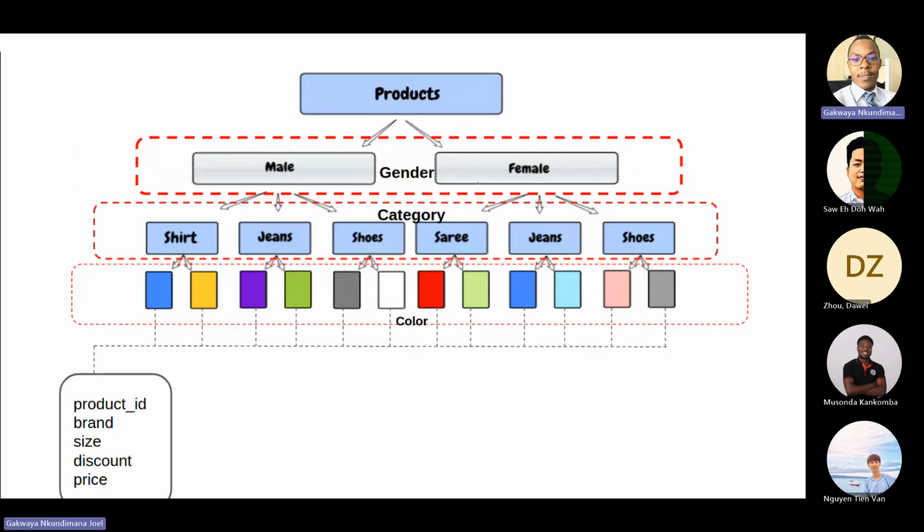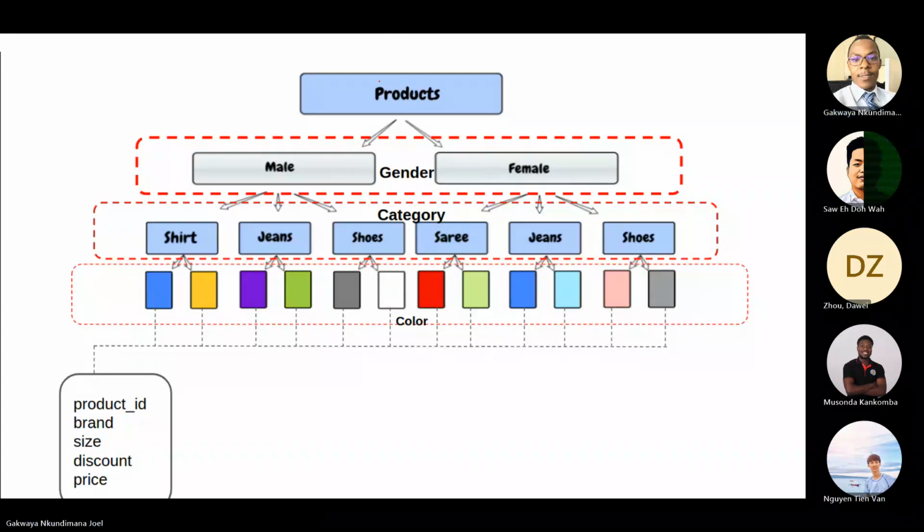Just to focus on what we mentioned there. We want to partition product based on the gender, and again from the gender, based on the category, shirt, jeans, and based on the color as well. This is one more way to get it.